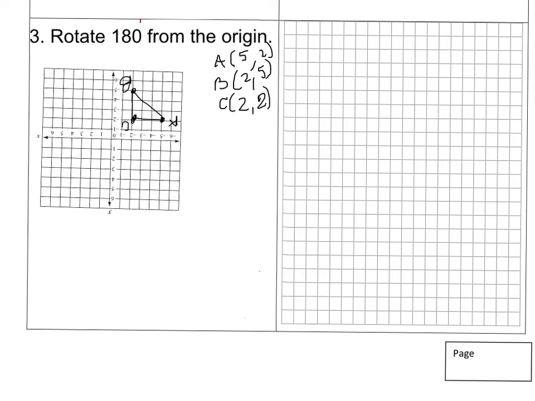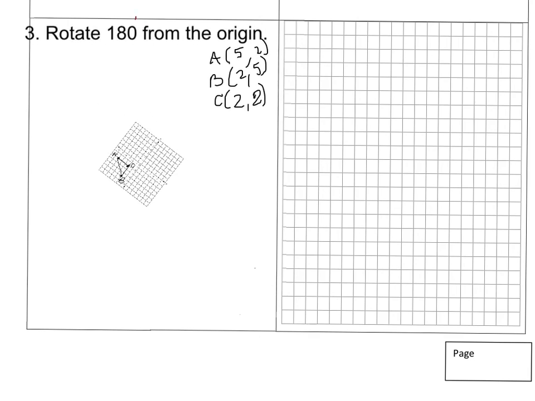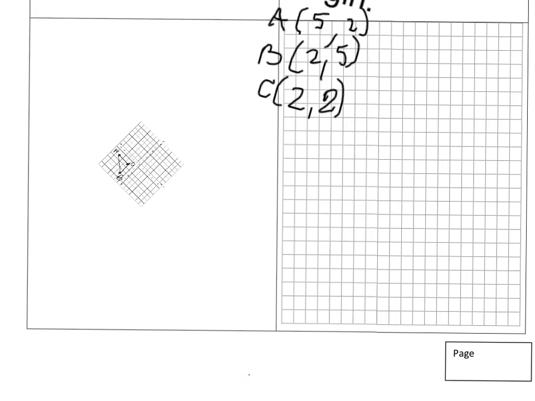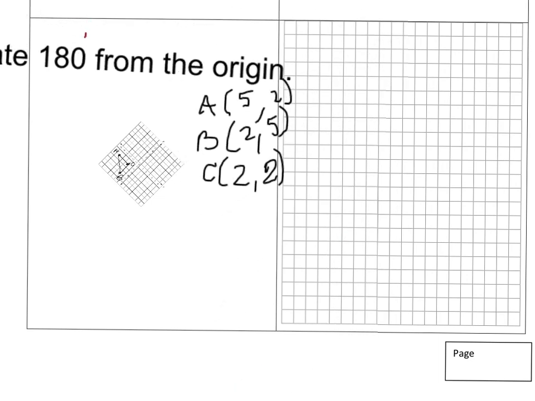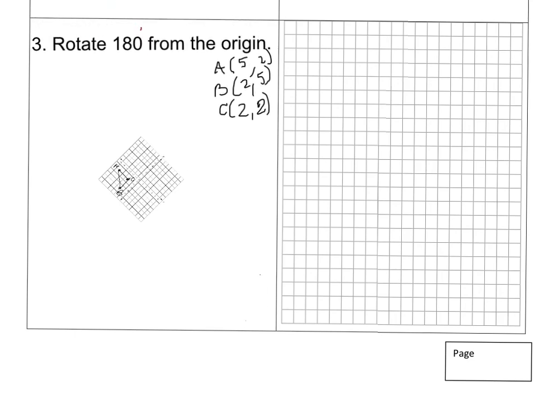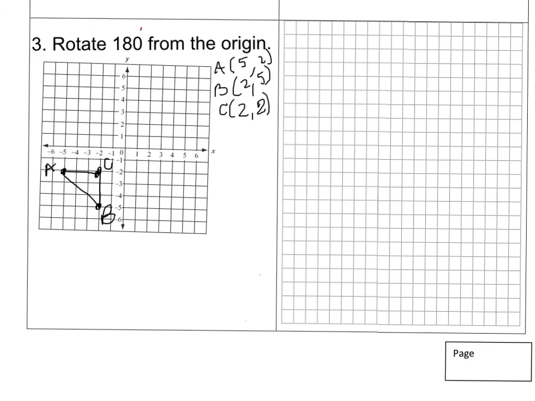Take your image and flip your paper. Graph those points that you wrote down. (5, 2) is now my A prime.